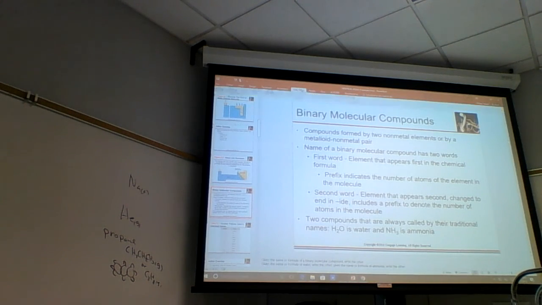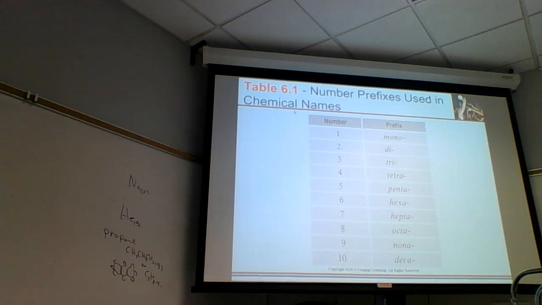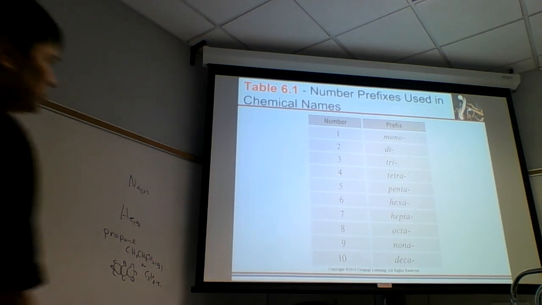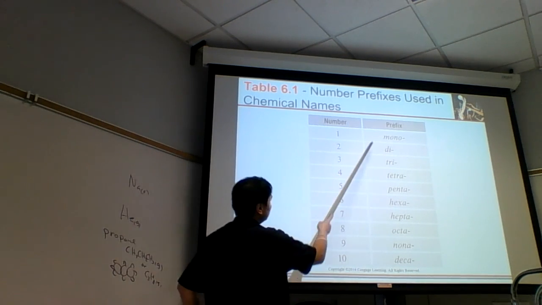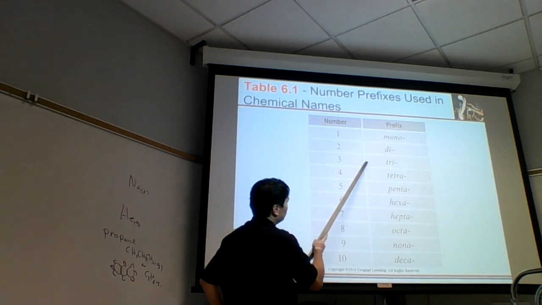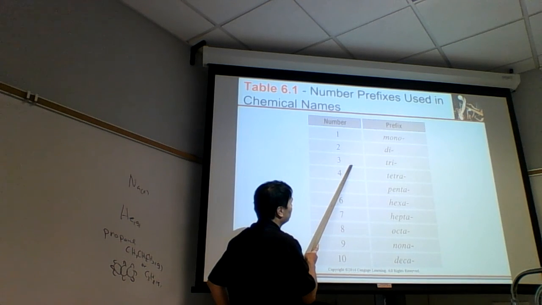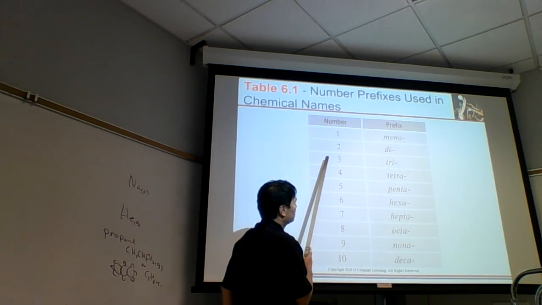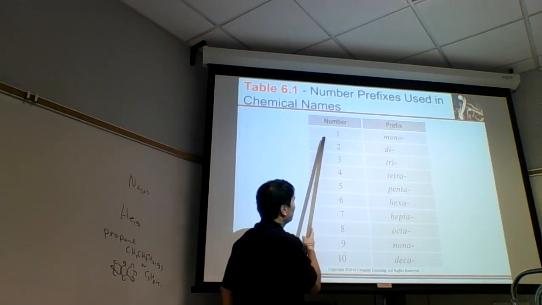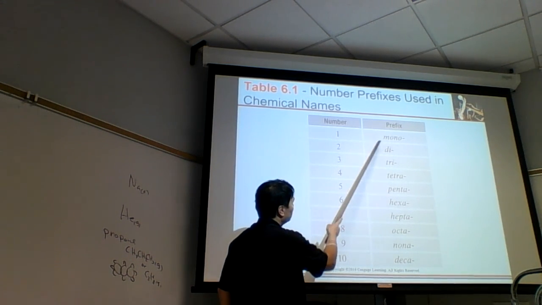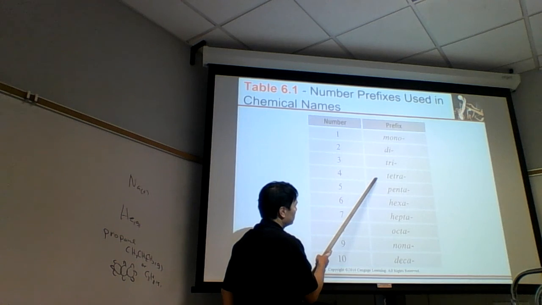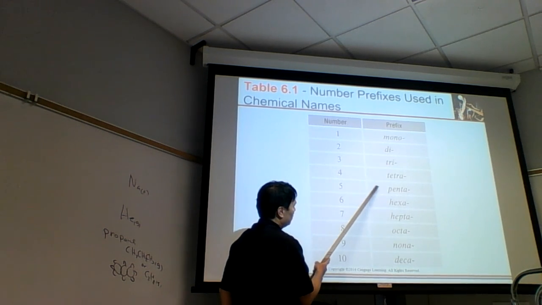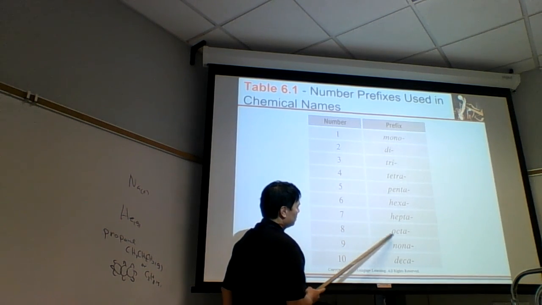So let's look at some examples. Before we look at some examples, let's look at some prefixes. So, mono, 1, di, 2, tri, 3. This is different than counting the carbons. You have to know some prefix systems like meth, eth, prop. Mono, di, tri, 4 is tetra, 5 penta, hexa, hepta, octa, nona, deca.